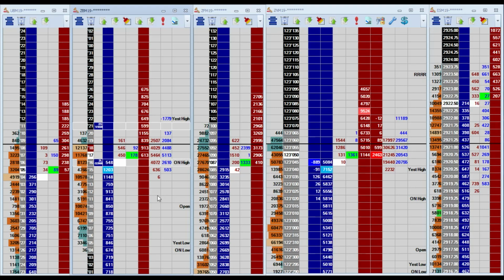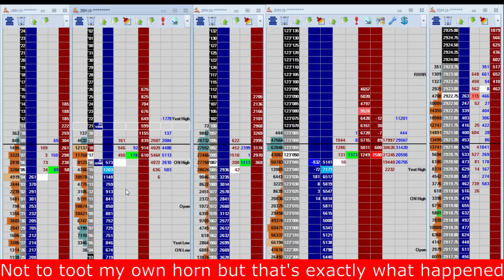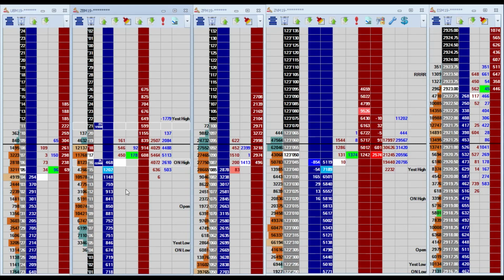But at this point with the context, this level is kind of working as support right now, but I could see buyers kind of throwing in the towel and this would kind of just fall back in slowly throughout the day. Could definitely see that happening. I've seen that before. Or just trade this little range for the rest of the afternoon.